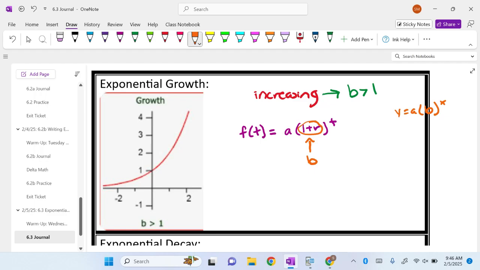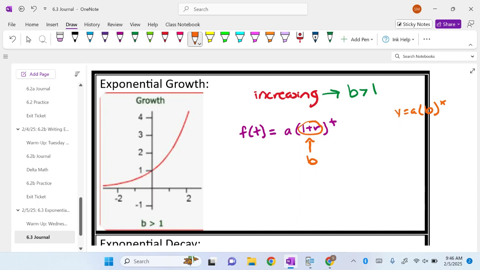Now, let's talk about if the 1 plus r actually gives us a number greater than 1. Your r value is usually written as a percent or as a decimal, so the decimal itself is going to be less than 1.